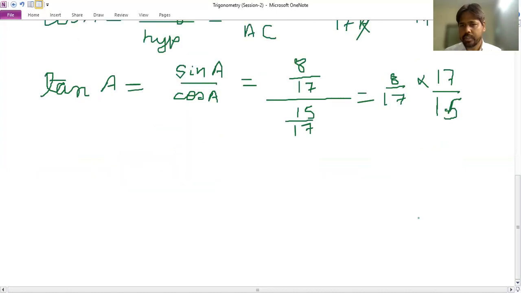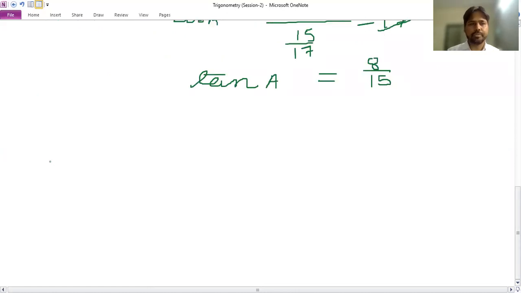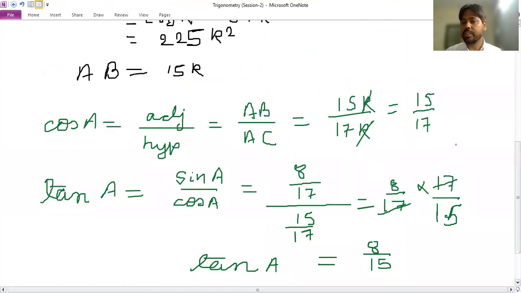And then finally this 17 will get cancelled and we will be left with the value of 8 upon 15. So this is the value for tan of angle A. Similarly, we will find the value of sec A. Sec A is nothing but the inverse of cos A. Now we have seen the value of cos A is 15 upon 17.